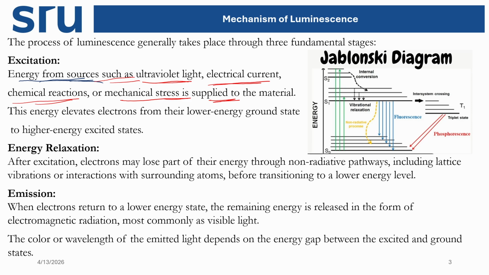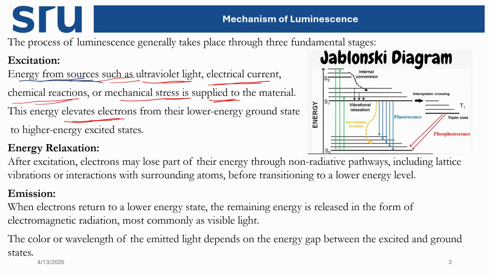We provide that energy source to a material. Then when the material receives that energy, it elevates the electrons from the lower energy state, the ground state, to a higher energy excited state.